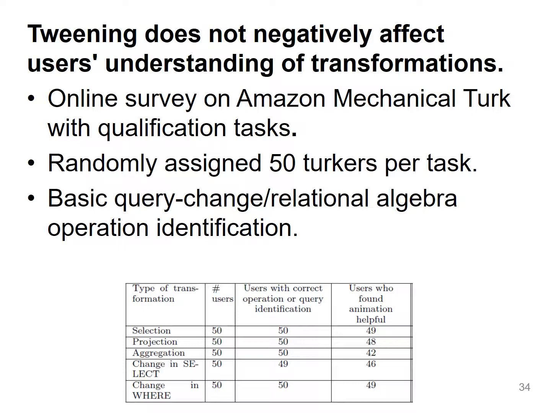The users were shown a tween transformation for these corresponding changes, and we asked the users to identify what the changes in the query were or what the corresponding relational algebra operation was. And as you can see, most of the users could easily identify these transformations, and they also said they found it helpful.